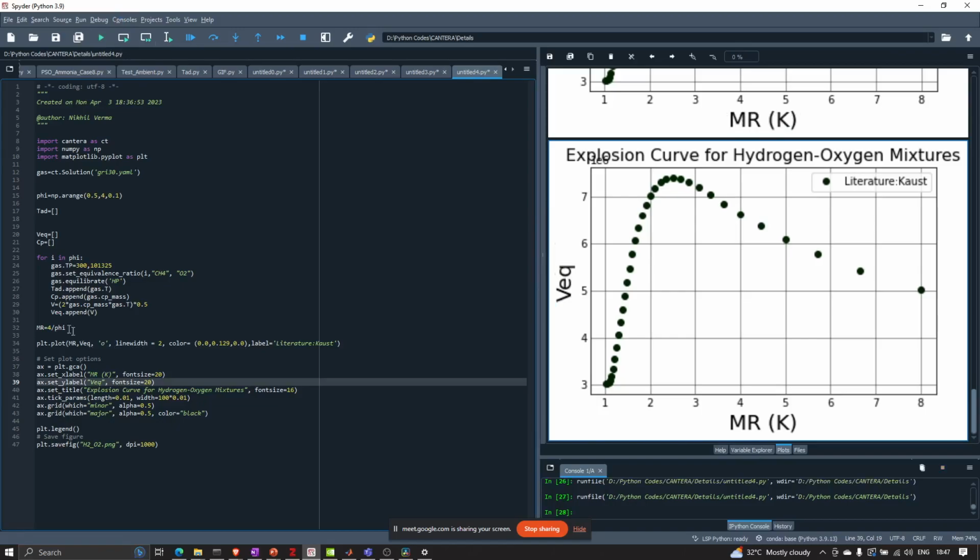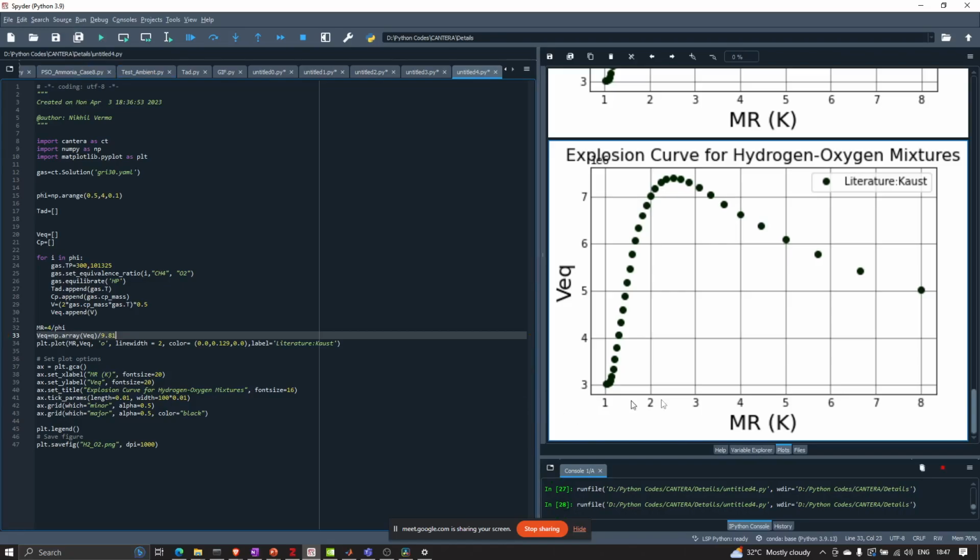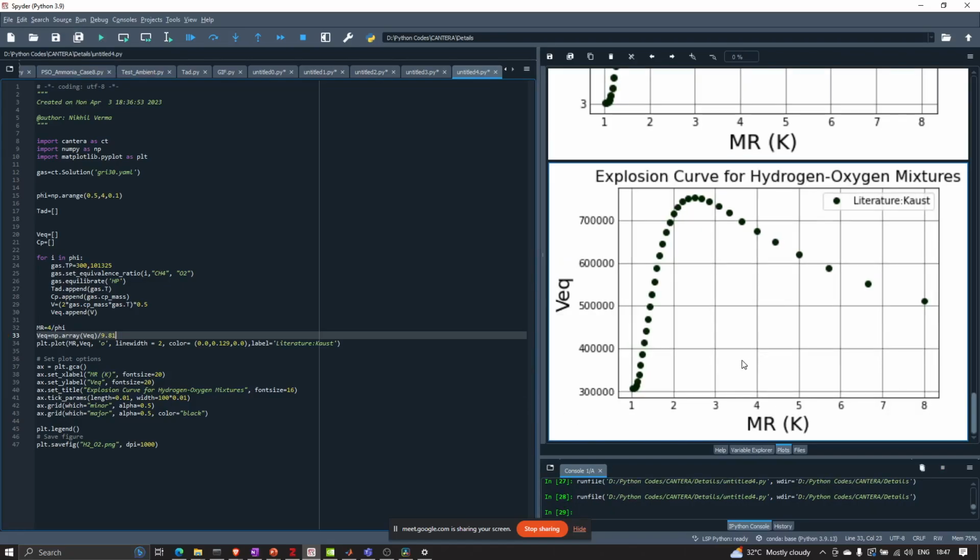And if we divide, let me divide it by 9.81. V equivalent is just np.array of V equivalent divided by 9.81. Okay, gas.cp_mass.